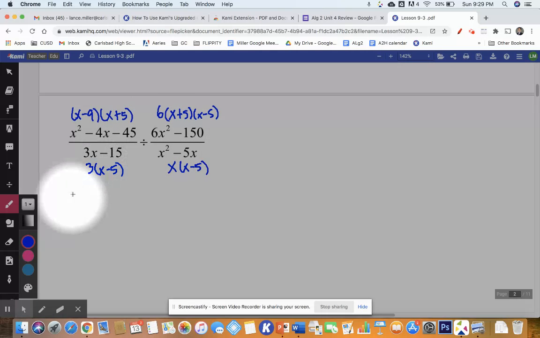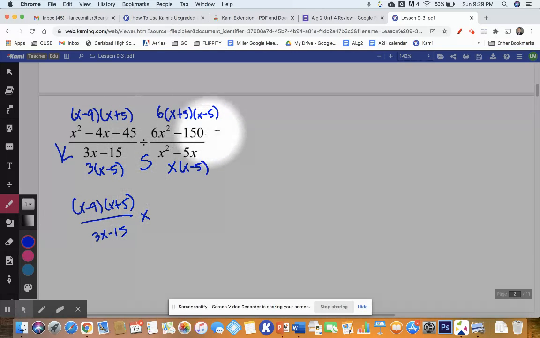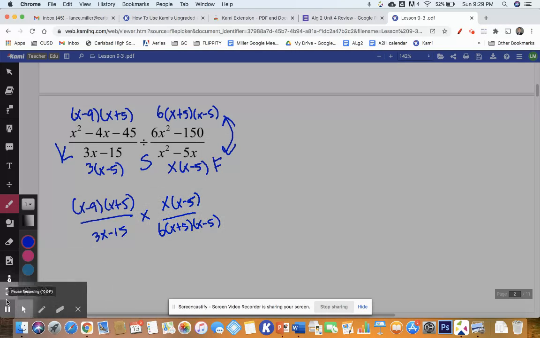Now, at this point, we're going to keep the left-hand side the same. So we have x minus 9 times x plus 5. Keep the bottom the same. We switch this to multiplication, and now we're multiplying by the reciprocal. We flip this upside down. So the x times x minus 5 is on top. The 6 times x plus 5, x minus 5 is on the bottom.